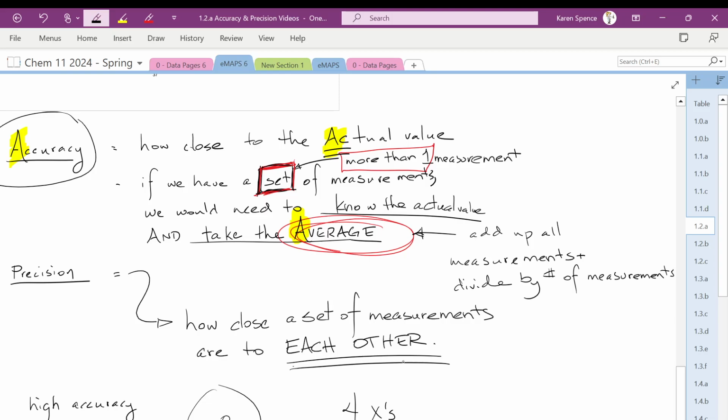So accuracy was how close it is to the actual value. Precision is how close they are to each other. Another way of thinking about it is the repeatability of the measurement. If you can repeat the measurement and get the same value or very close to the same value over and over again, it is very precise.